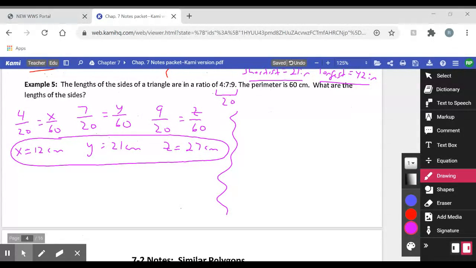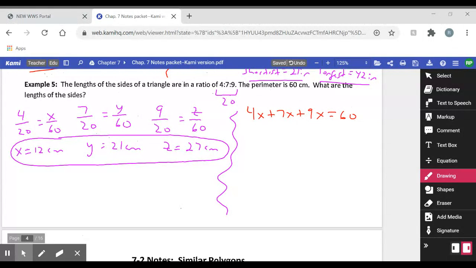Of course, the other option is to set up an equation. So I could say 4x plus 7x plus 9x is equal to 60. And then I can solve from there. So I've got 20x is equal to 60. And I can solve and get x is equal to 3.